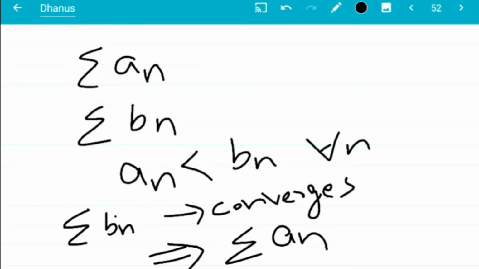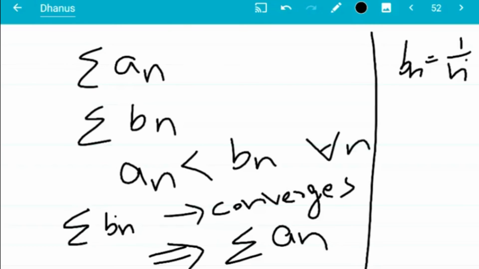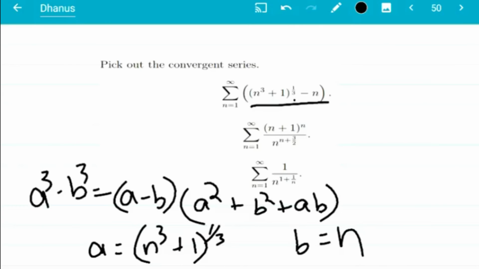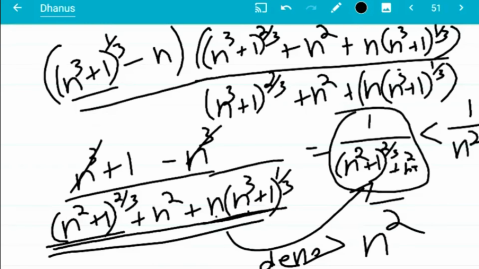Now using this idea, we can take bn equal to 1 by n square. We know summation 1 by n square is convergent. That's why our series is convergent. So the first option is convergent.